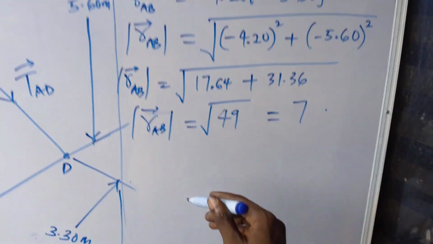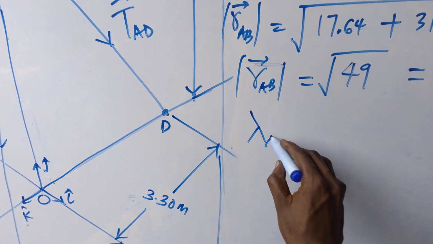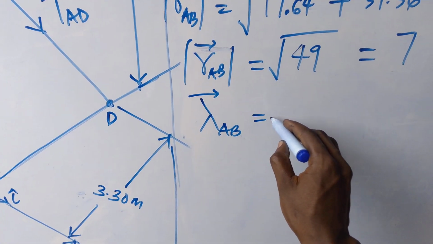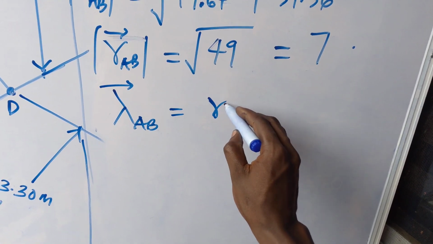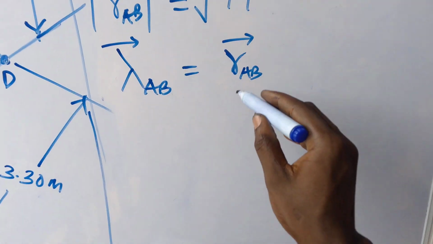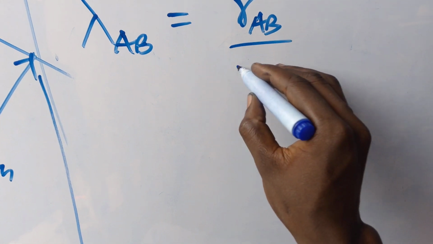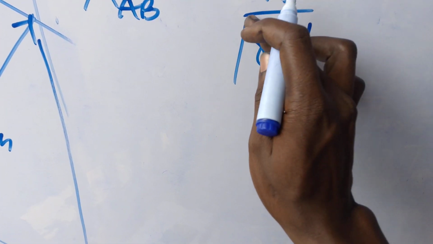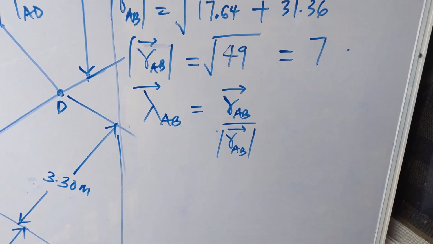So lambda AB, which is the unit vector, is the position vector divided by the modulus. So that is it.